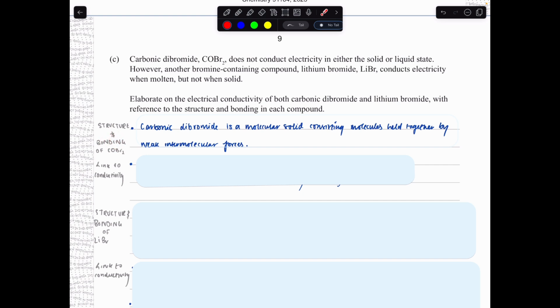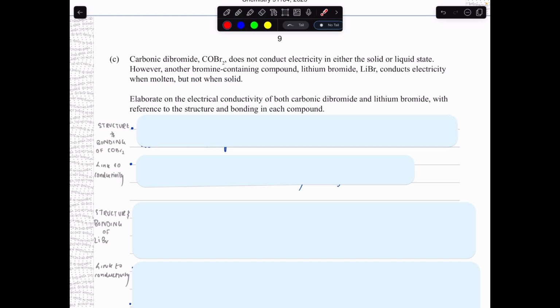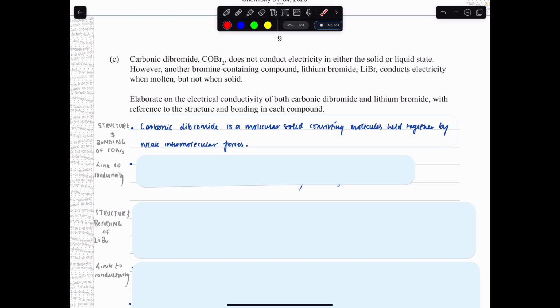As you can see here, I've written that carbonic dibromide is a molecular solid consisting of molecules held together by weak intermolecular forces. See how I've said that the weak intermolecular forces occur between molecules, not atoms. So be mindful of that.